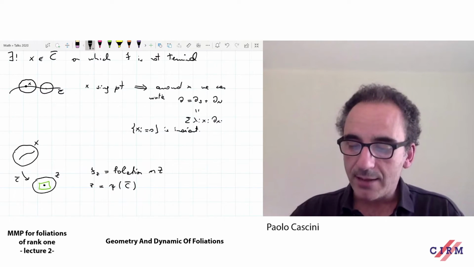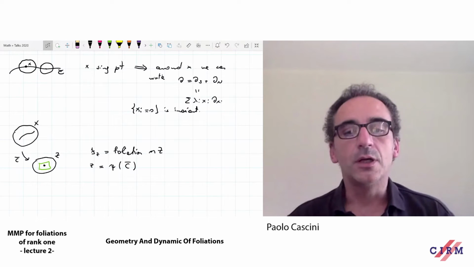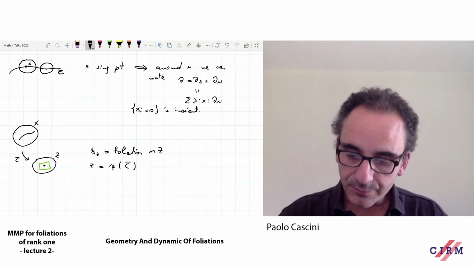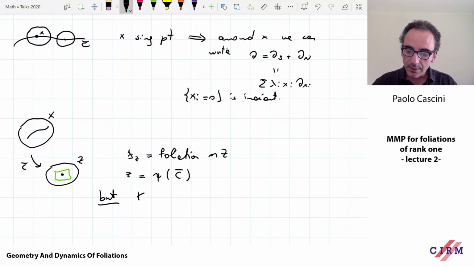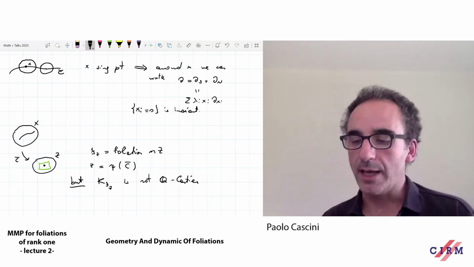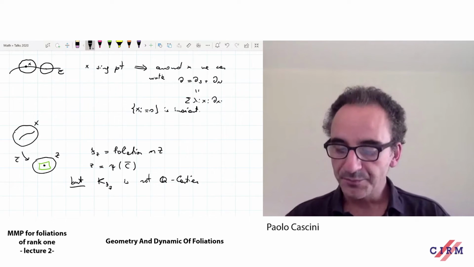What is the problem? The problem is that, as we mentioned in the first lecture, Z is too singular. And so let me write, K_Fz is not Q-Cartier. So this method does not work because it doesn't matter how many covers I take, we will never be able to write K_Fz as defined by a derivation like we did a few minutes ago.